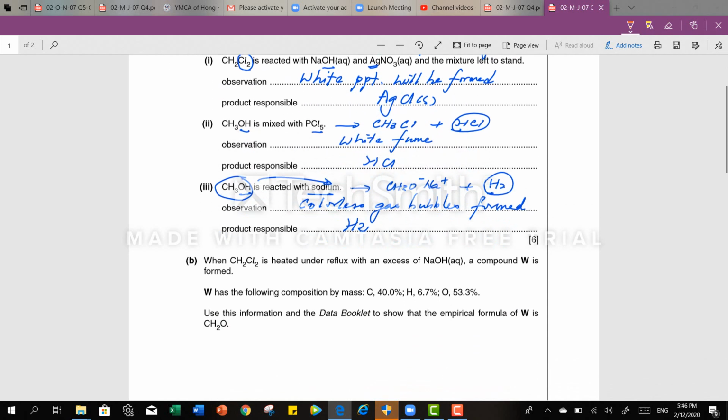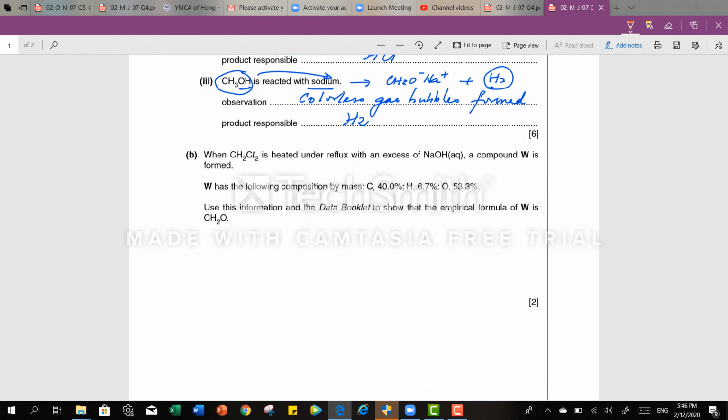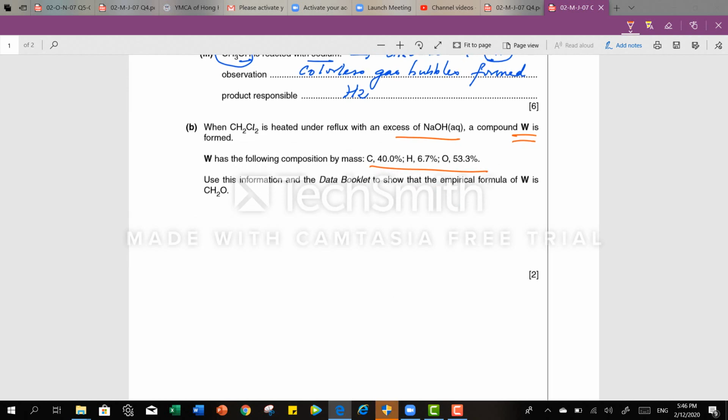Okay, let's go here. When CH2Cl2 is heated under reflux with an excess, a compound W is formed. So this is very standard. It asks you to work out the empirical formula. Let's just do it together. C, H, O, and you write down the mass first.